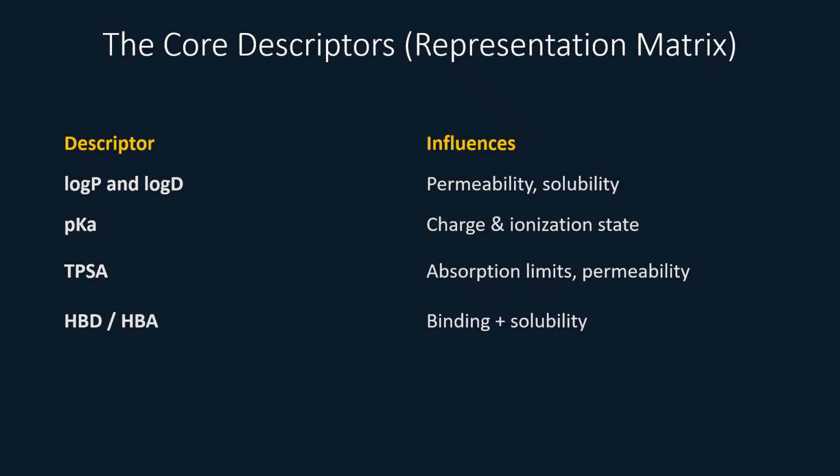And hydrogen bond donors and acceptors quantify a molecule's capacity to form hydrogen bonds, which affects both binding interactions and solubility. Finally, the number of rotatable bonds provides a simple measure of molecular flexibility and conformational freedom.